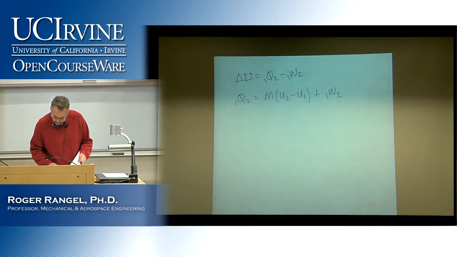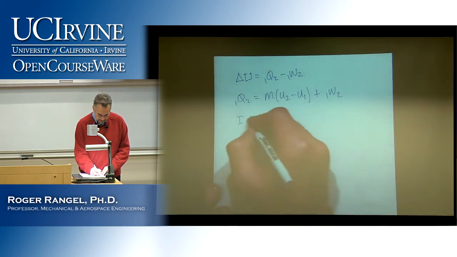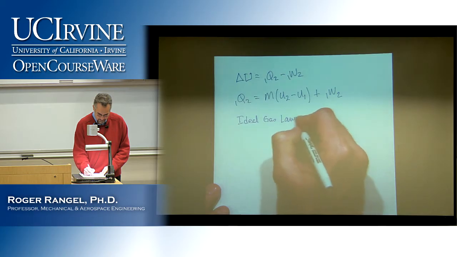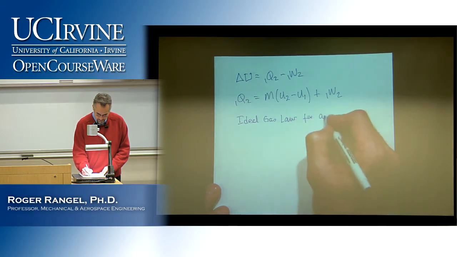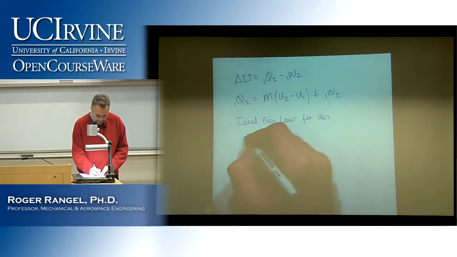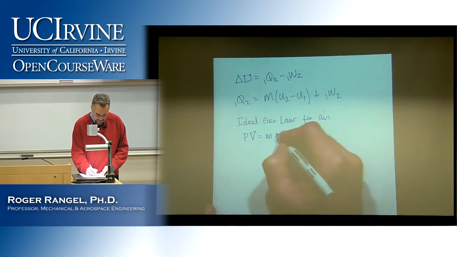How do we get the mass of air? Was it given? No, but we have everything that we can use the ideal gas law, right? So from the ideal gas law for the air, PV equals mRT.